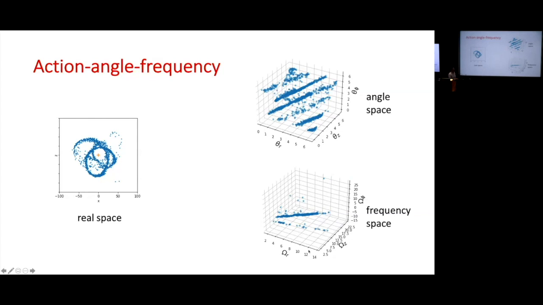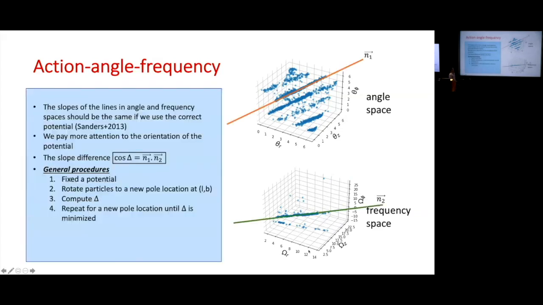But in this work, we will be focusing only on angle and frequency space, shown on the right-hand side. So a convoluted stream on the left appears as just line overdensities in angle space and frequency space. How can we make use of these line overdensities?